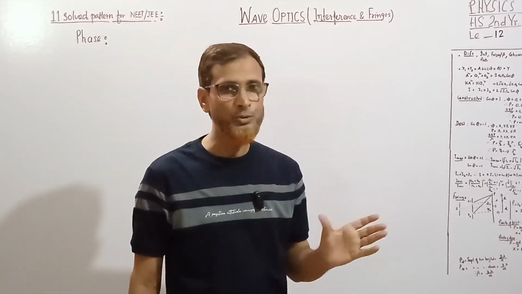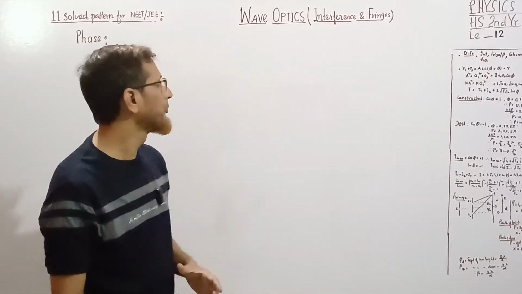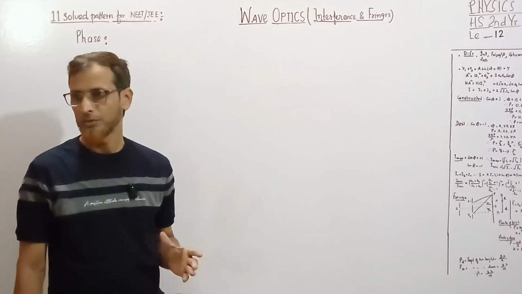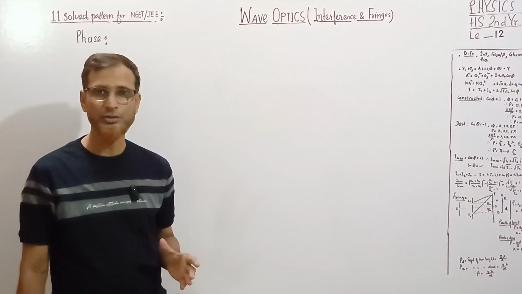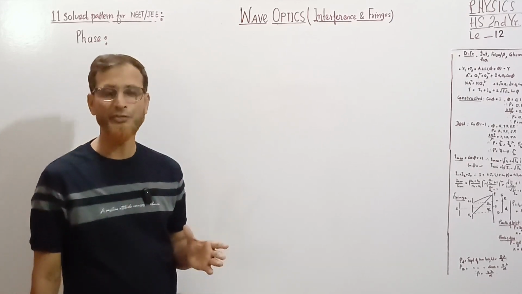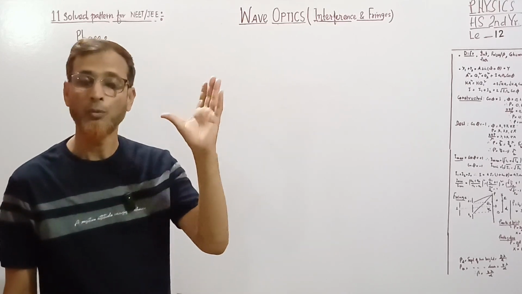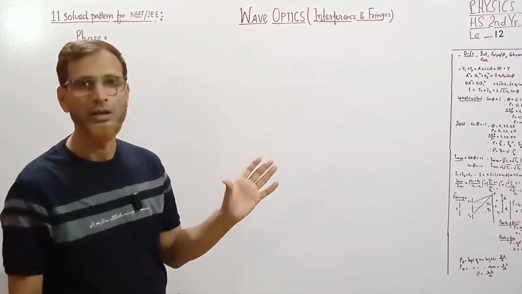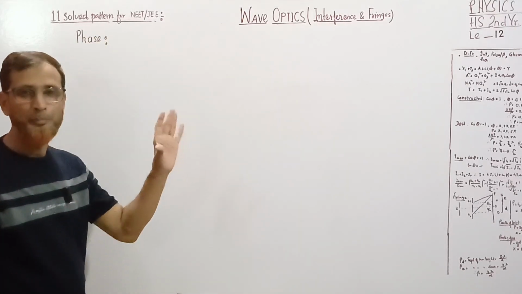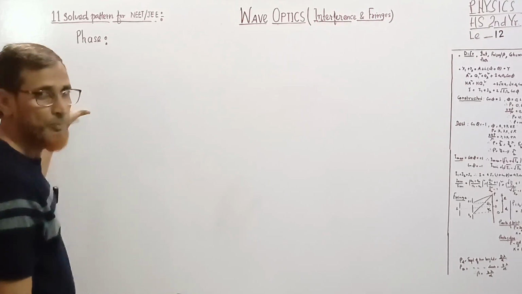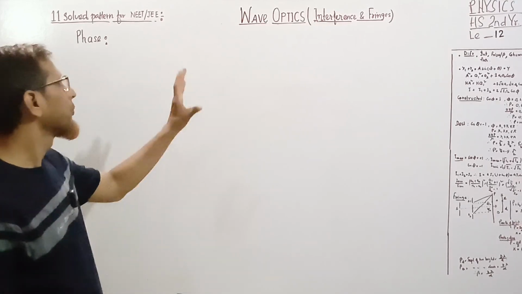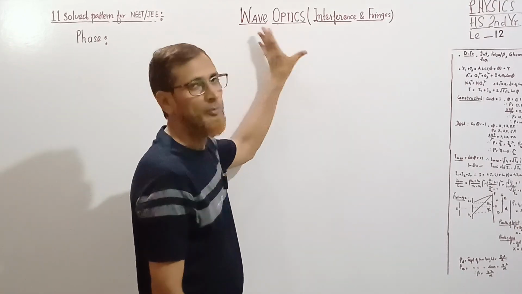Again, when you view the stars of the sky with the help of a telescope, we see blurred objects of the stars. Why not distinct? That cannot be explained by ray optics. That's why we need to explain wave optics.